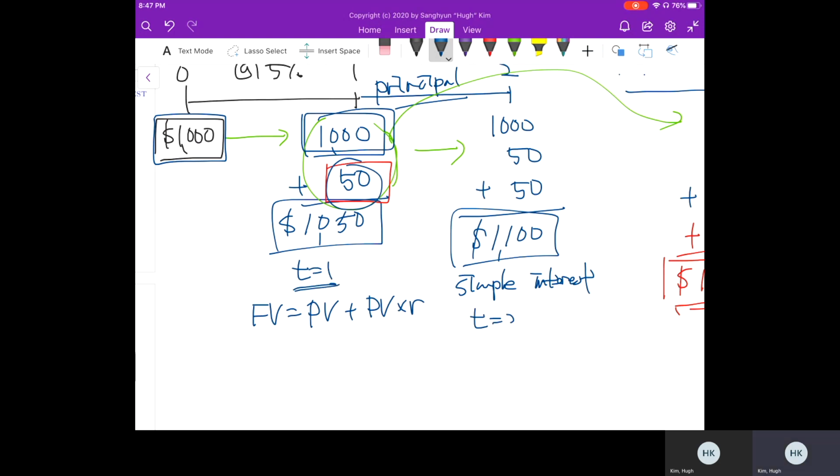At time 2, you have this present value plus 2 of this.